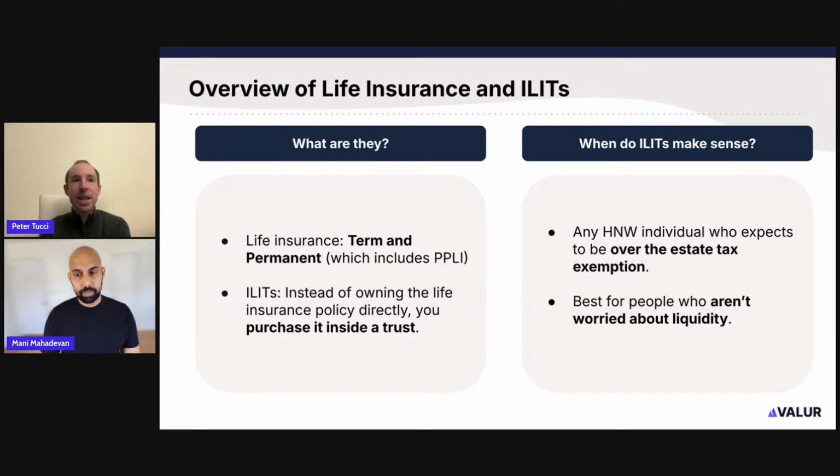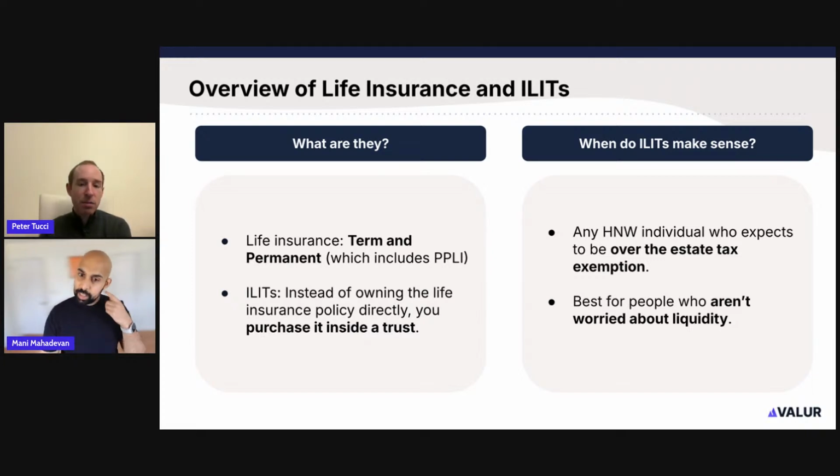The basic idea is that instead of owning a life insurance policy in your name, you can have a policy on your life that is actually owned by an irrevocable life insurance trust. That gets the policy and the death benefit out of your estate, so there's no estate tax on the death benefit when you die.